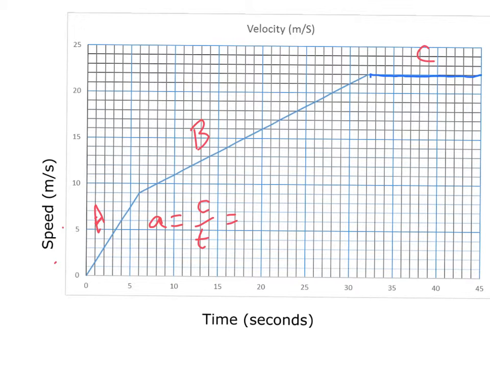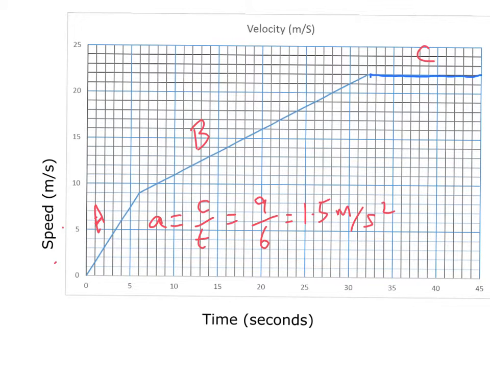I'm only working out for section A. Then you can see the change in speed is 9 divided by 6 seconds, and that gives you 1.5, and this is acceleration, so meters per second squared.